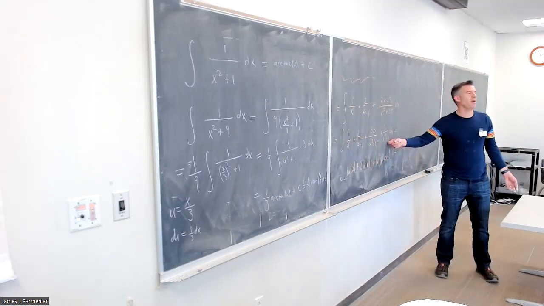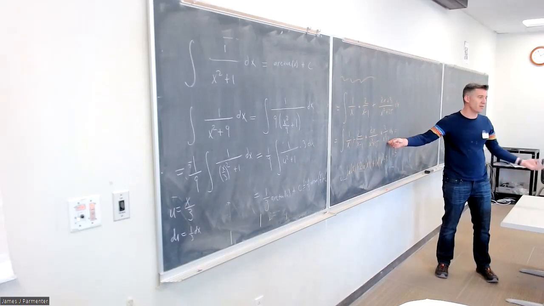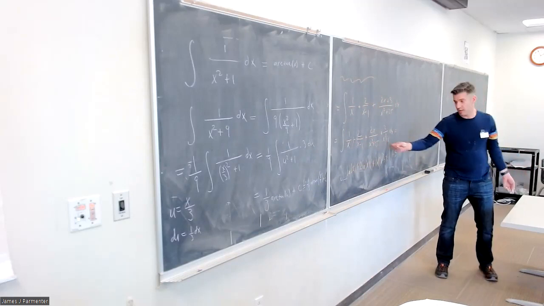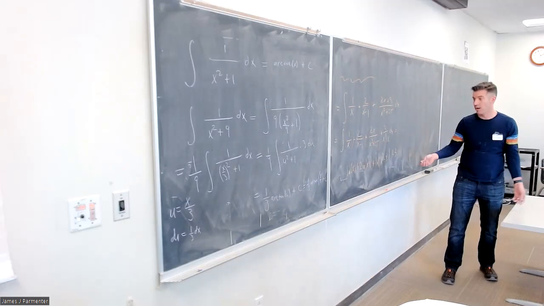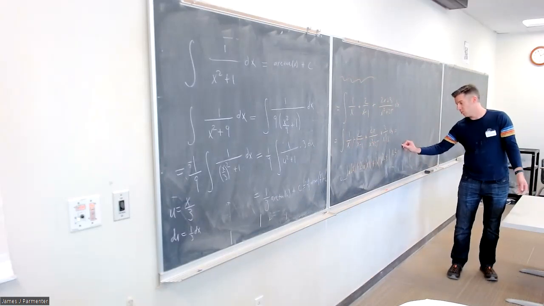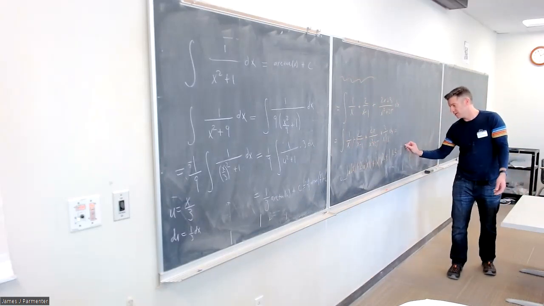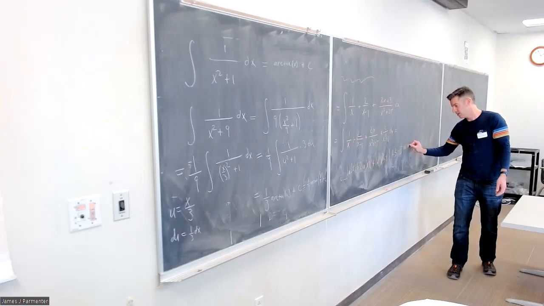I really don't want to have to do a trig sub or a u sub to do this. There's a pattern here which we can exploit, and that is that the integral of 1 over x squared plus 25 is 1 over 5 times the arc tangent of x over 5.